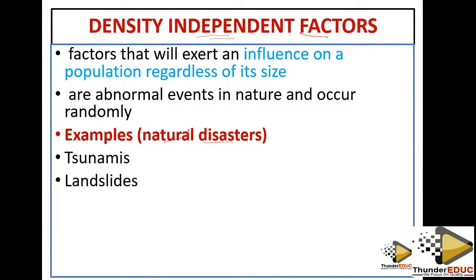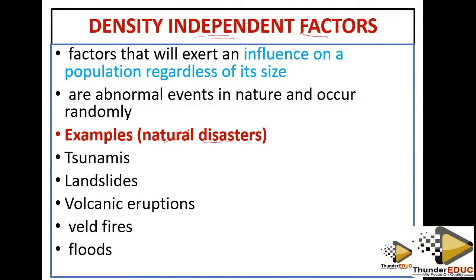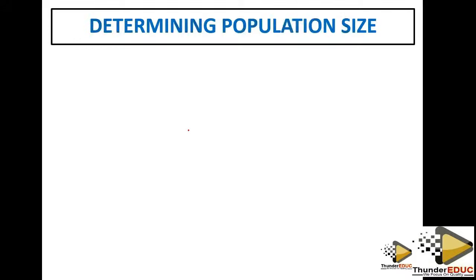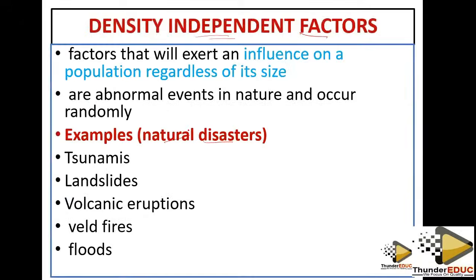Tsunami, landslides, volcanic eruptions, wildfires, floods. All these are population independent factors. Doesn't matter how many individuals are there in an area for a tsunami to occur. Doesn't matter.